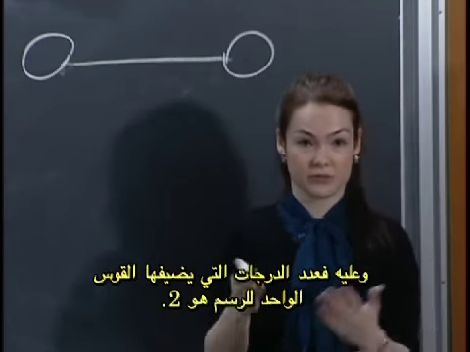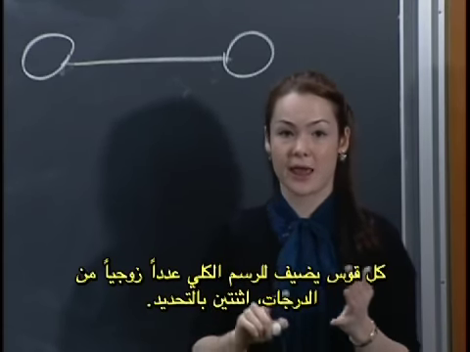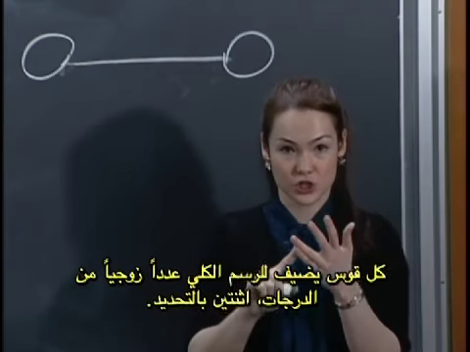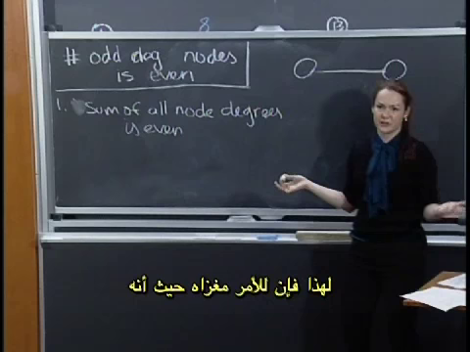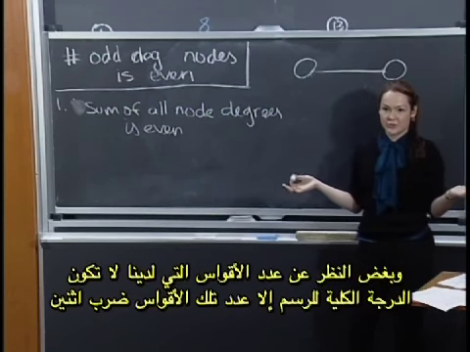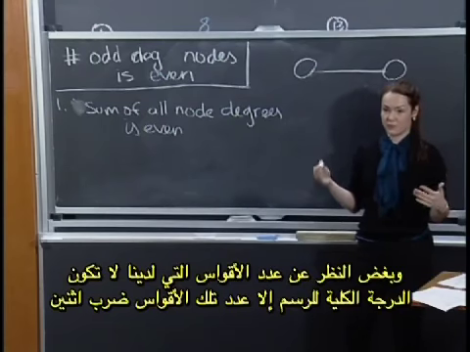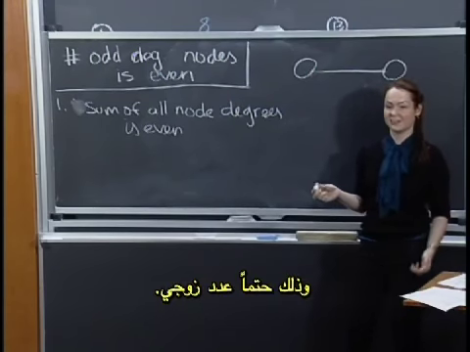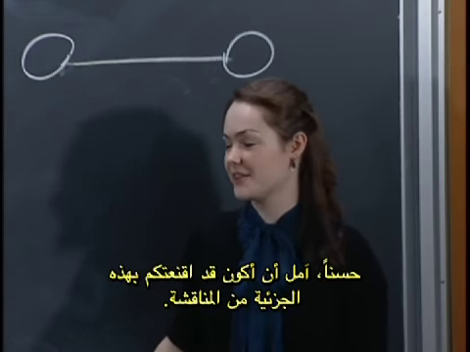The total number of degrees added will be 2. So every single arc adds 2 degrees to the overall graph. That's why it makes sense, because regardless of how many arcs we have, the degree of the total graph will just be the number of arcs times 2, an even number. So hopefully I have you convinced about the first part of this.